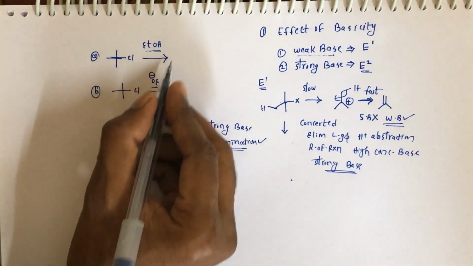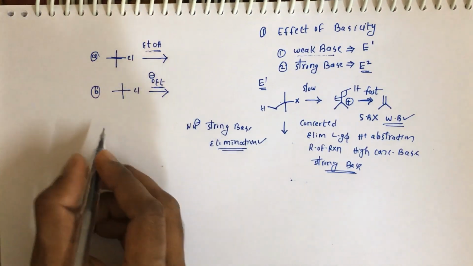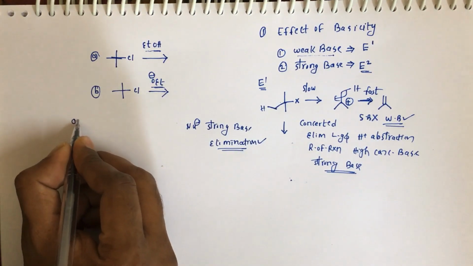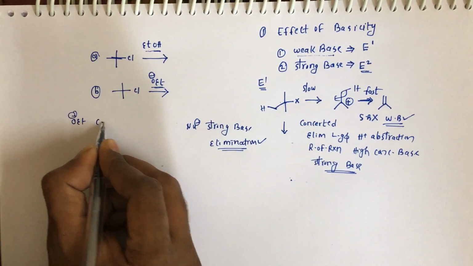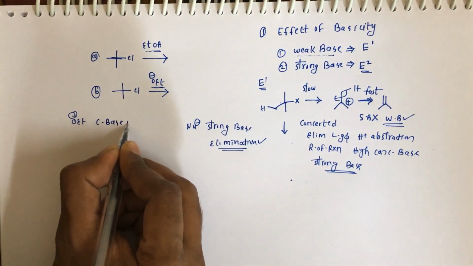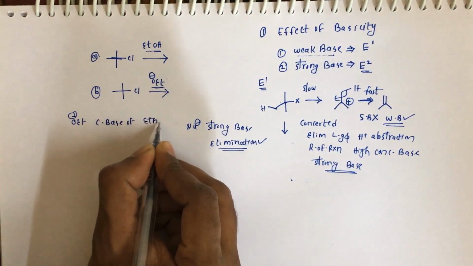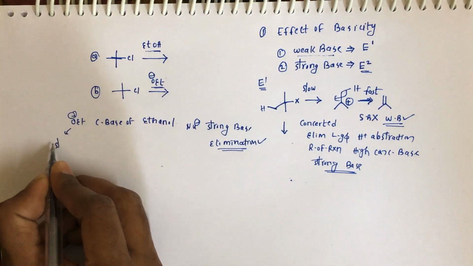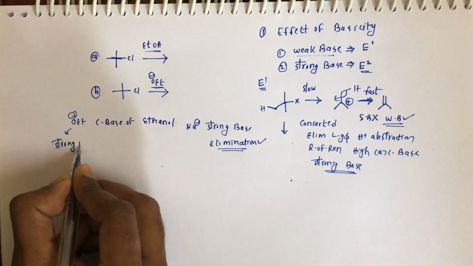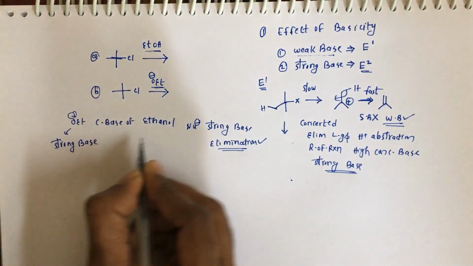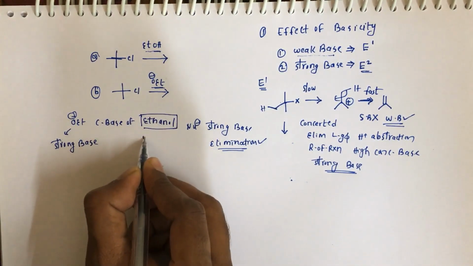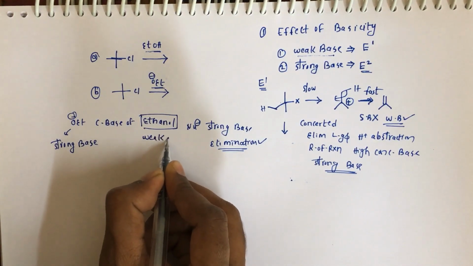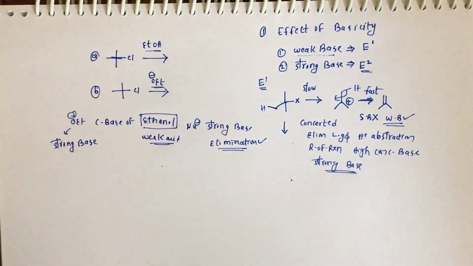Comparing ethoxide and ethanol, we know that ethoxide is the conjugate base of ethanol, so this is a strong base. That means ethanol is a weak acid, right?